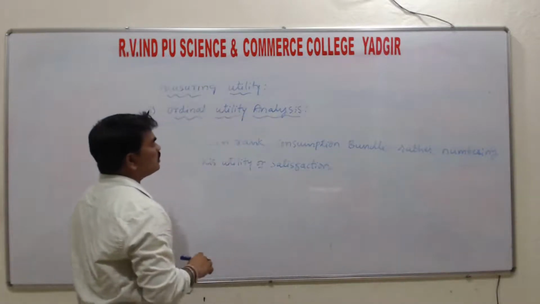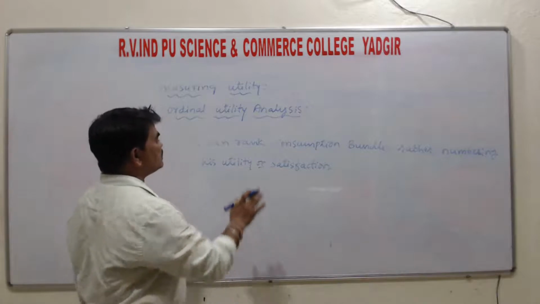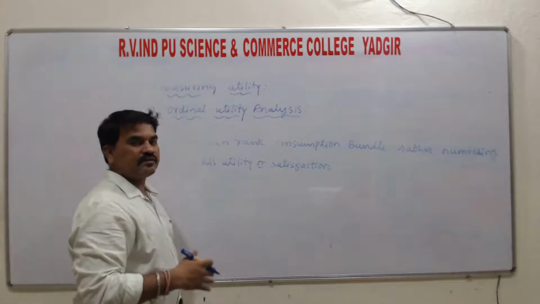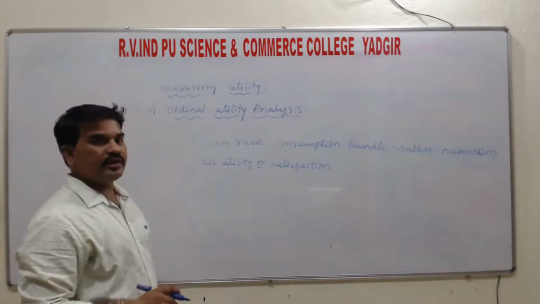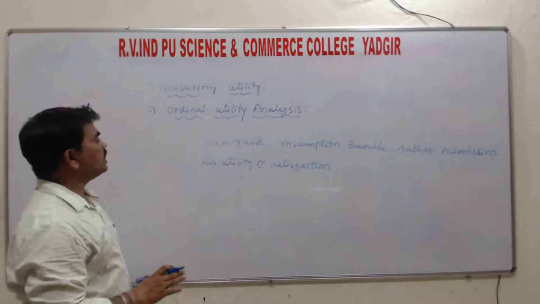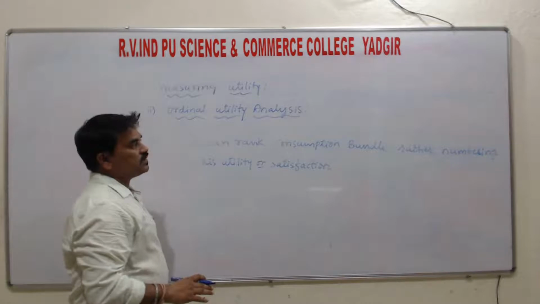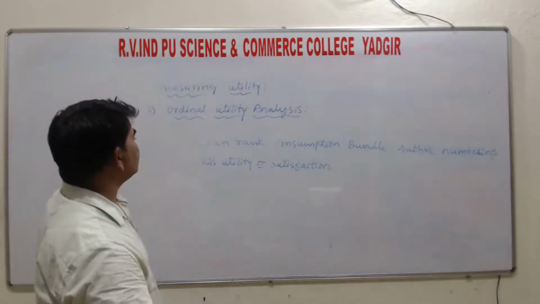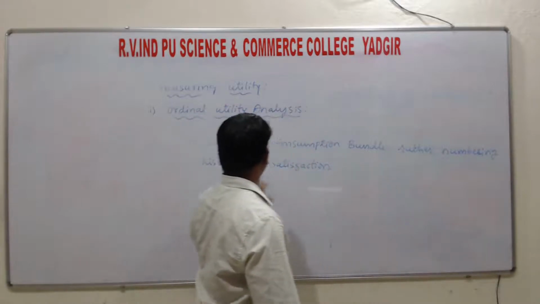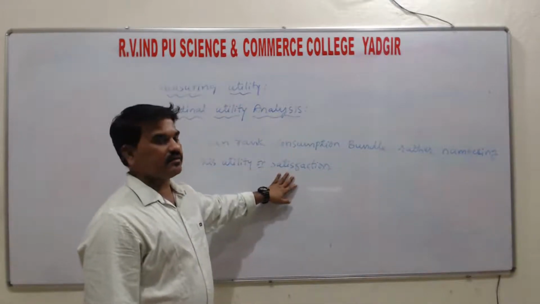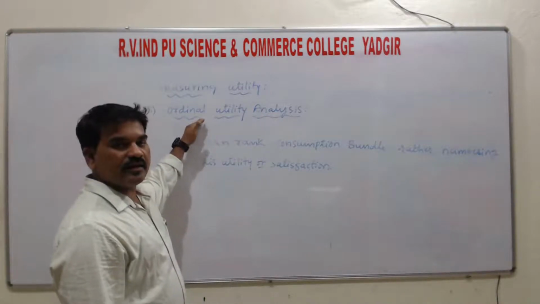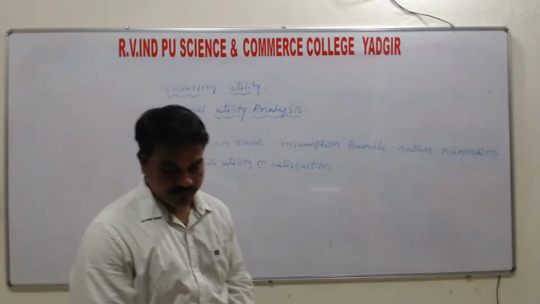So the consumer prefers ranking the consumption bundle rather than numbering his satisfaction for that particular commodity. So the ranking method, as we know, we call an ordinal utility analysis. So the consumer can rank consumption bundles rather than numbering his utility or satisfaction for that particular commodity. This ranking method we say is the ordinal approach.